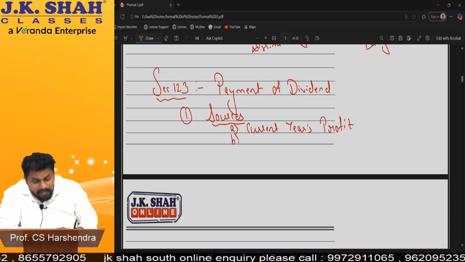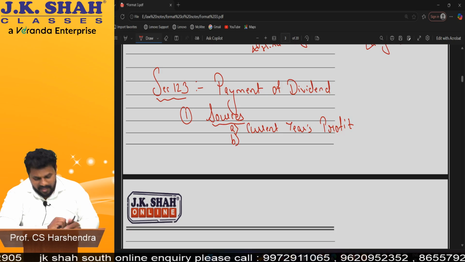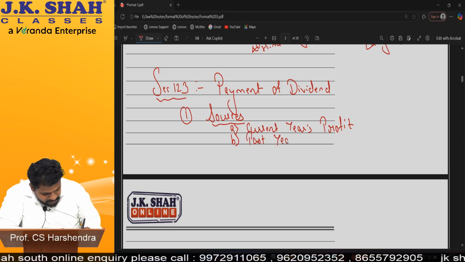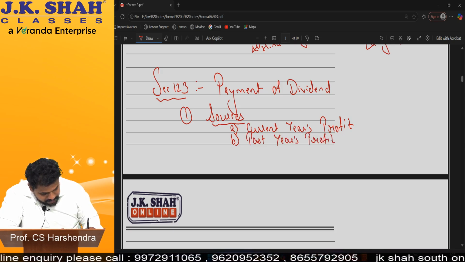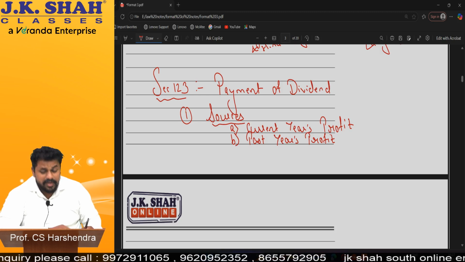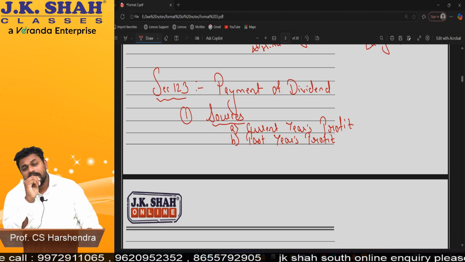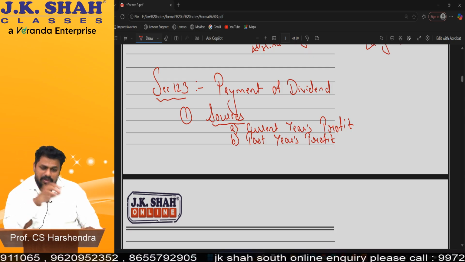Can you pay from past years' profit? Yes, that is reserves, free reserves. So past years' profit. But when you talk about past years' profit, that is reserves now, so two kinds of reserves cannot be utilized.